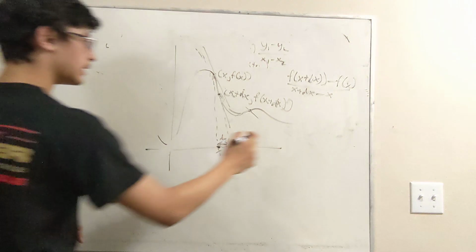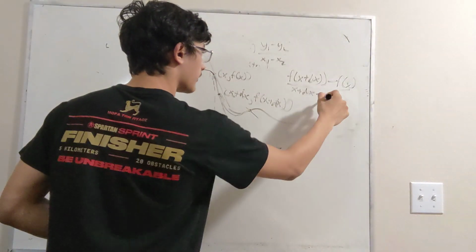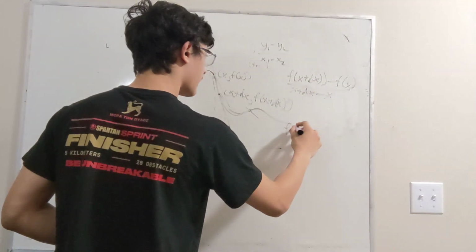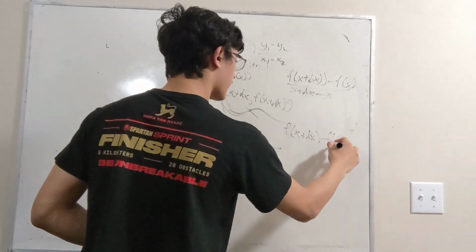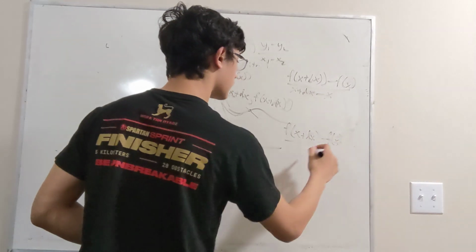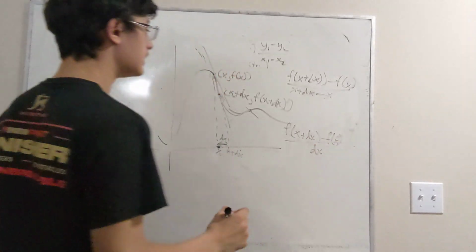The x's cancel, and we have f of x plus dx minus f of x, divided by dx.